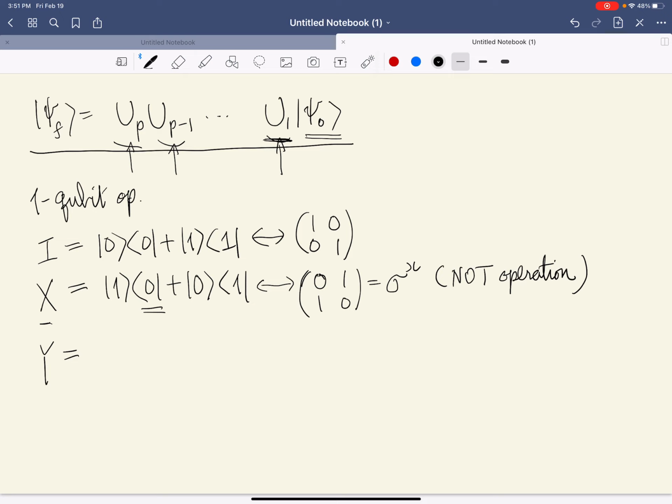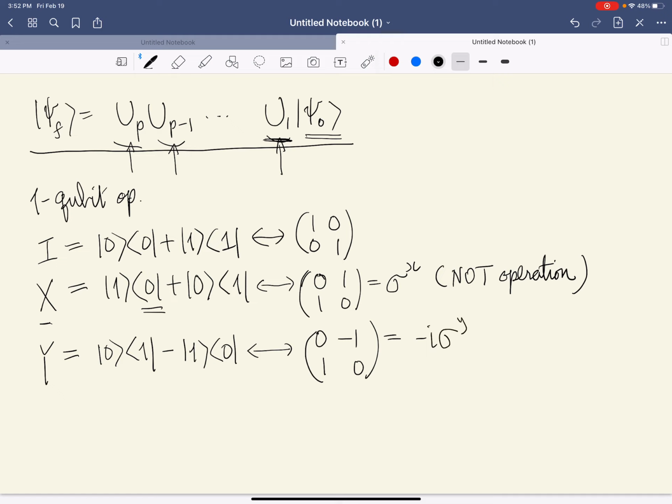Now, the other kind of 1-qubit operation is the Y operation. In terms of a matrix, this is 1 and minus 1, which is minus i times sigma y.